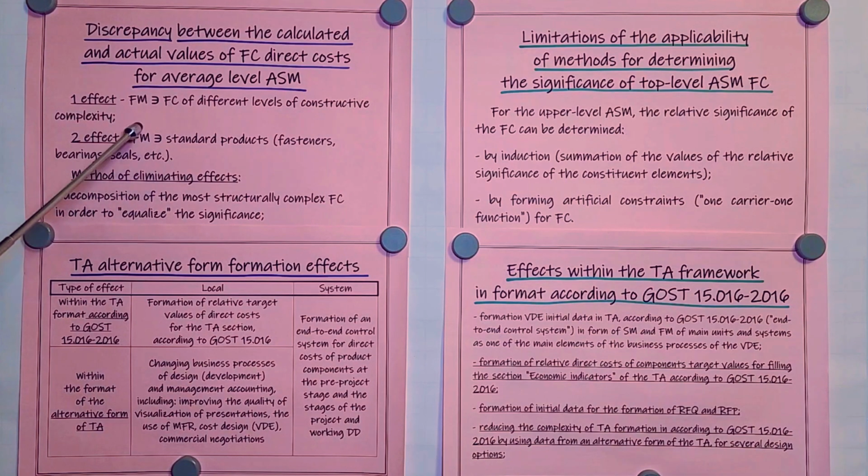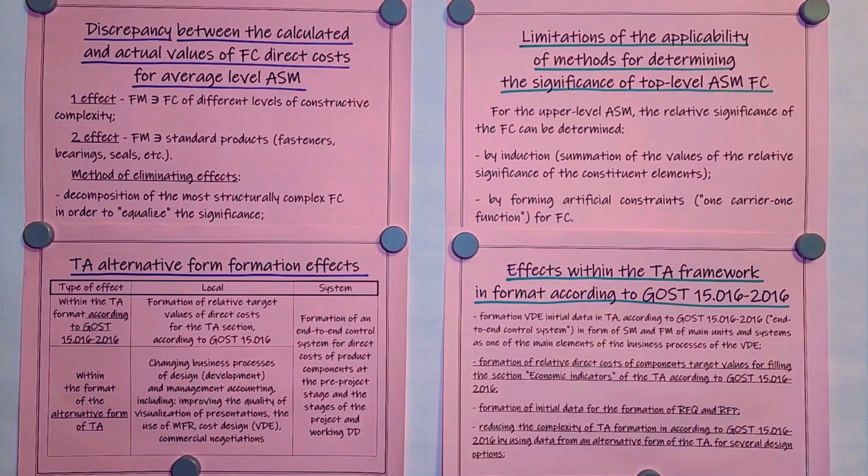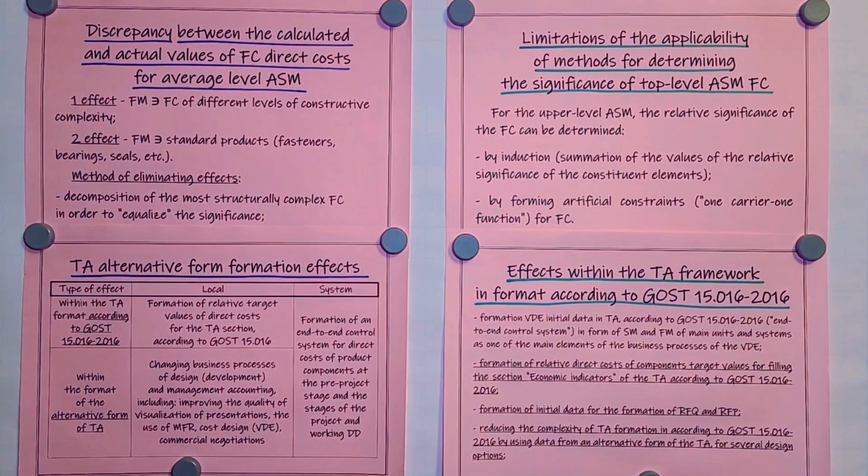The second effect is the presence in an abstract structural model containing structurally complex products such as the bushing housing of standard products with relatively low costs. In this case, a bearing and a flipper, for which we have the greatest deviations. Usually, such deviations are absurd for hinges, handles, bolts, etc.